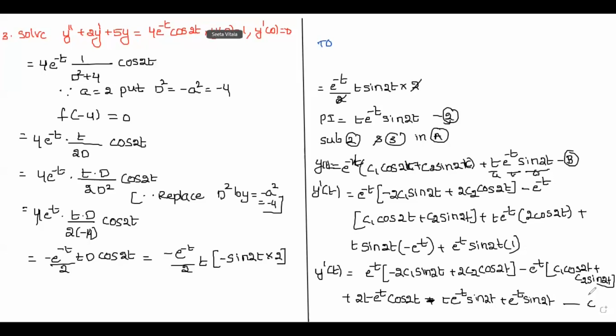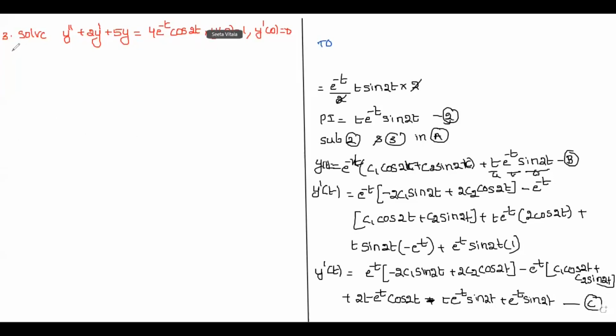Now put it as equation number C. So the given initial conditions are y of 0 is equal to 1 and y dash of 0 is equal to 0. Put them as equation numbers 4 and 5.